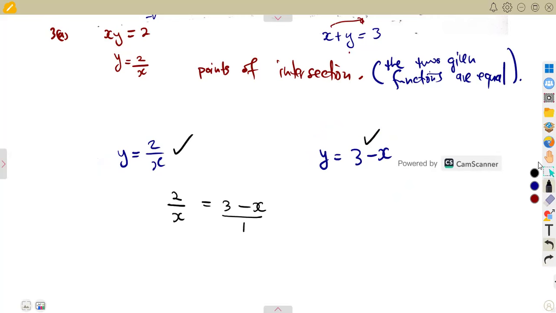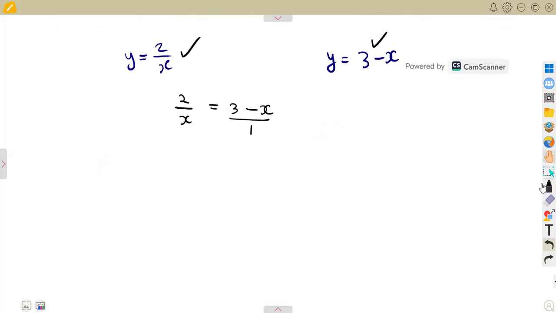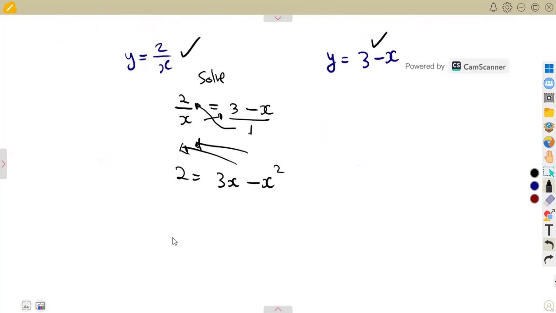To solve this, we can cross multiply to remove the fractions. 1 times 2, which is 2, is equal to x times 3, which is 3x, and x times minus x, which is minus x squared. So you can take this across to avoid having a negative: x squared, and 3x this side will be minus 3x. There was a plus 2 there on the left-hand side.